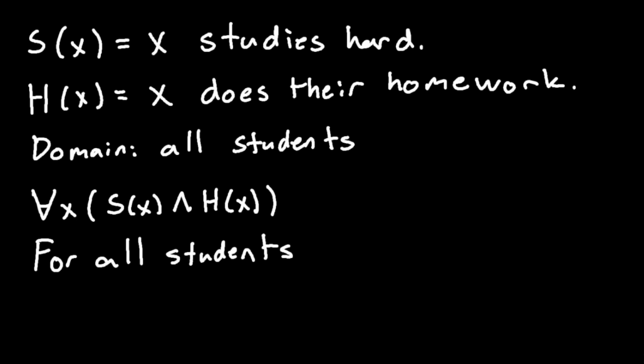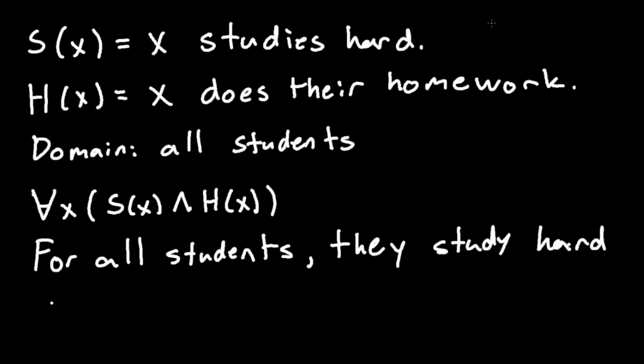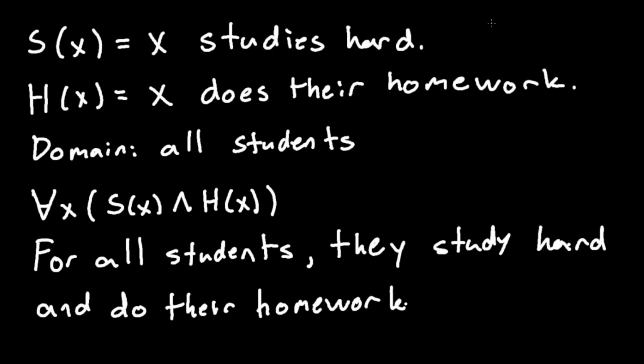So we can probably construct a sentence that goes along the lines of, for all students, they study hard and do their homework. Now that's probably a better way to construct the sentence.